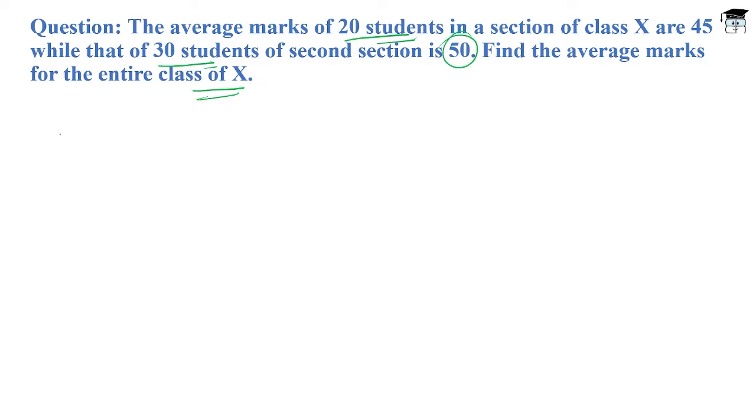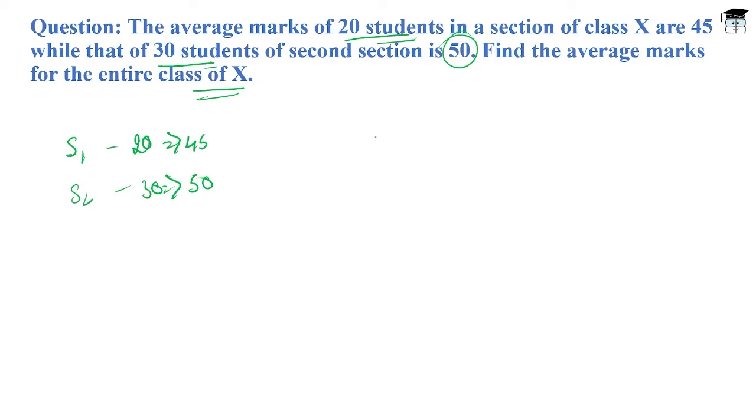All right, for section 1 there are 20 students whose average is 45, and for section 2 there are 30 students whose average is 50, and you will have to calculate the average of the entire class of 10, that is the combined average. Right. All right. Now what will you do?